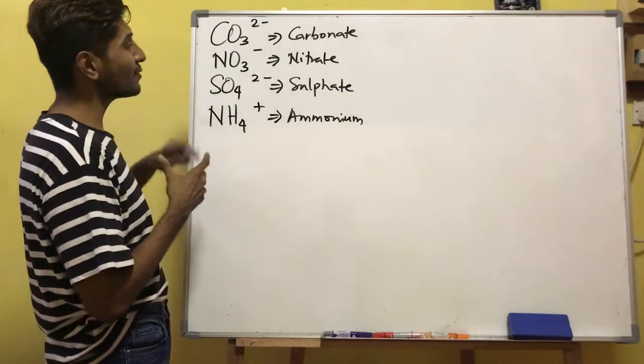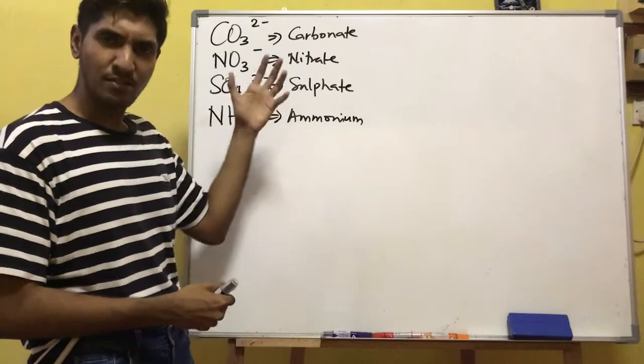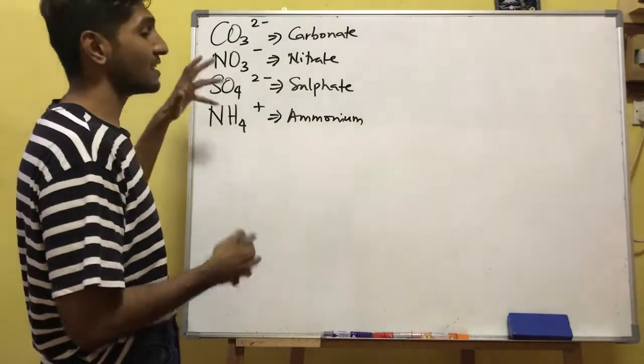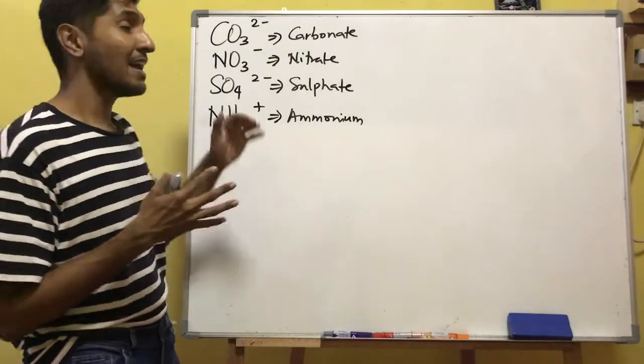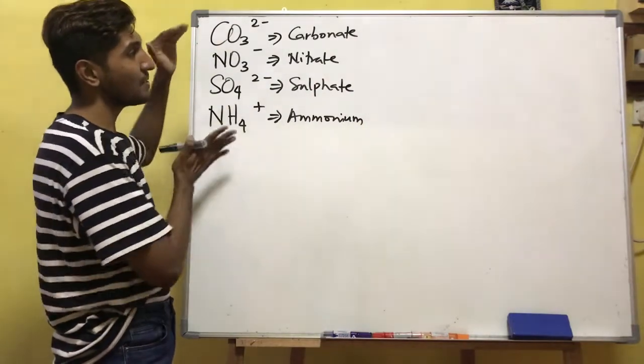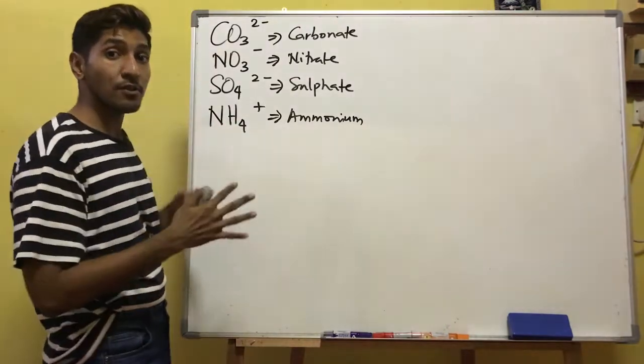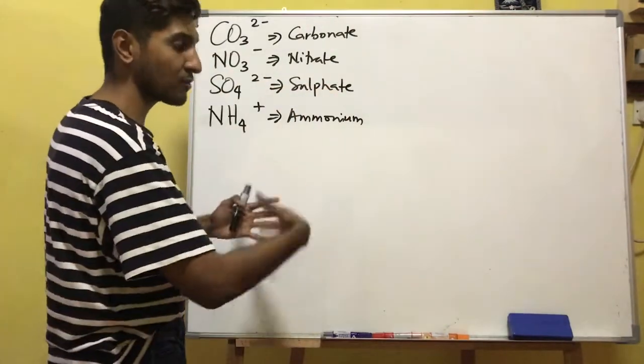So, how to understand? First, the easiest way is you need to memorize, which is these are the commonly used in exam, and basically these are the only ions that if you're not using the method that I've taught you just now.